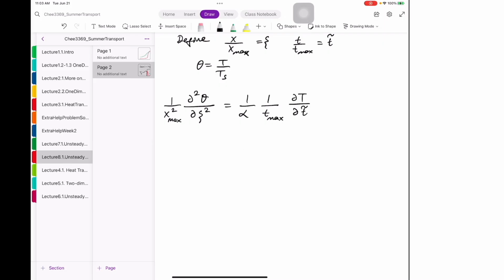Okay. And you would get something like del squared theta over del psi squared is equal to Xmax squared over alpha Tmax times del theta over del t tilde.